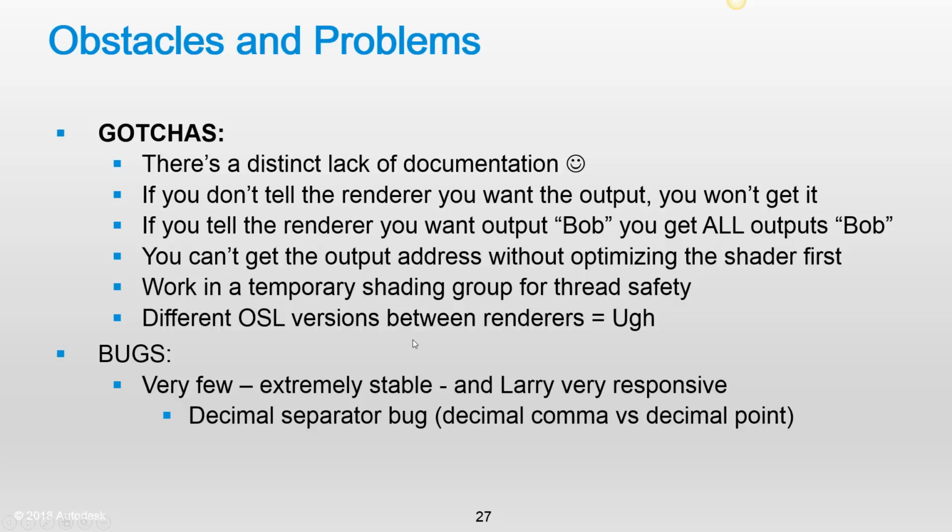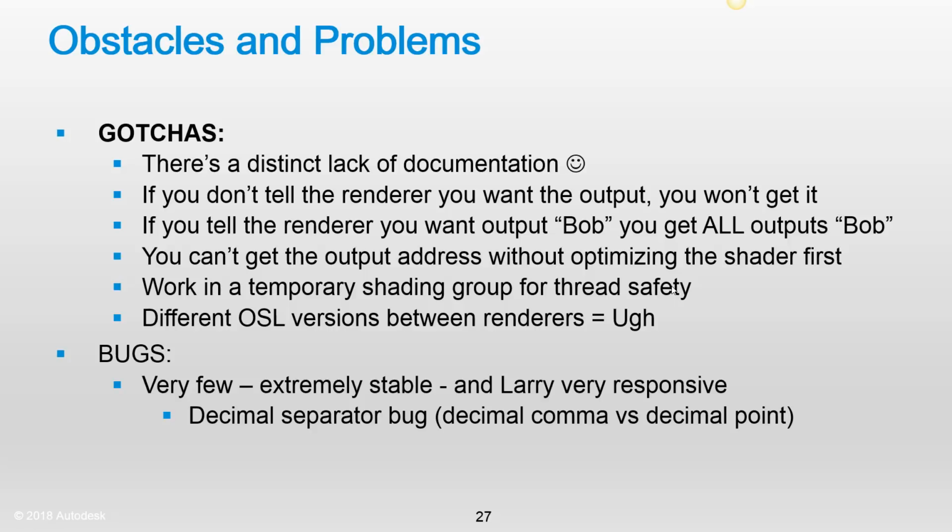Different OSL versions is a big pain. Arnold uses a slightly different OSL version to Max. The hash noise didn't exist in Arnold for a while, etc., etc. This is always tricky. This has been extremely stable, and Larry has been extremely responsive. The one true problem we ran into had to do with decimal separators.